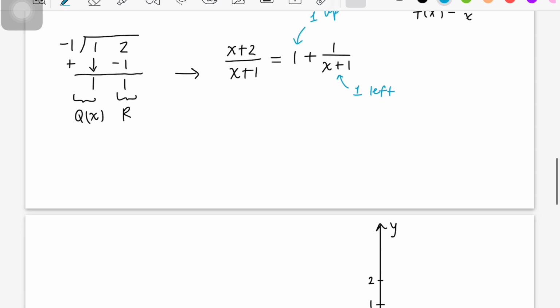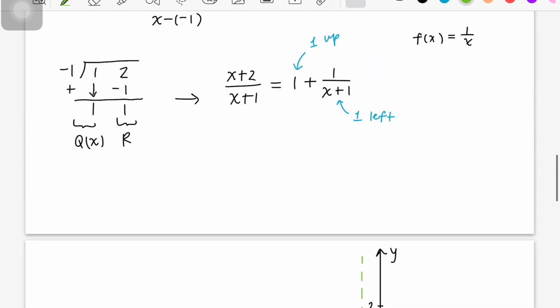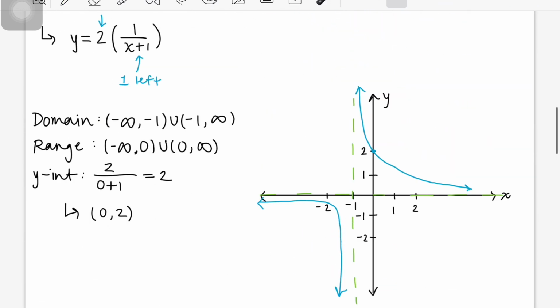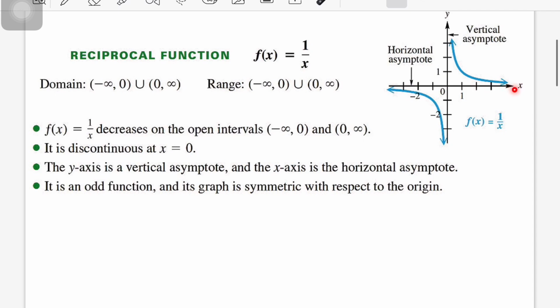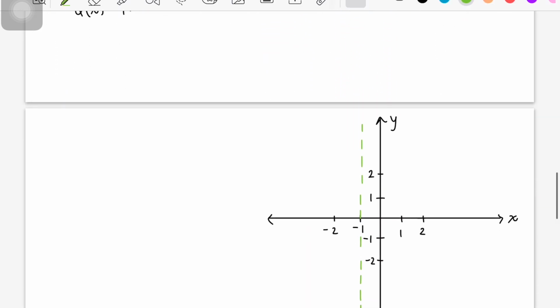So based off of this, we know we're going to have a vertical asymptote, again at minus 1, since we're shifting 1 unit to the left. And we're also shifting 1 unit up. So our original horizontal asymptote that was on the x-axis here is going to be shifted 1 unit up, right about here.